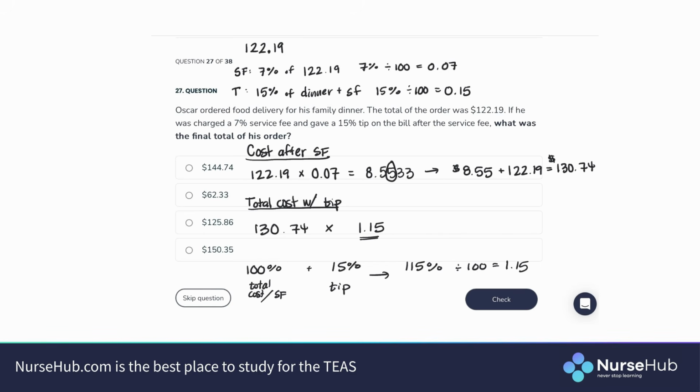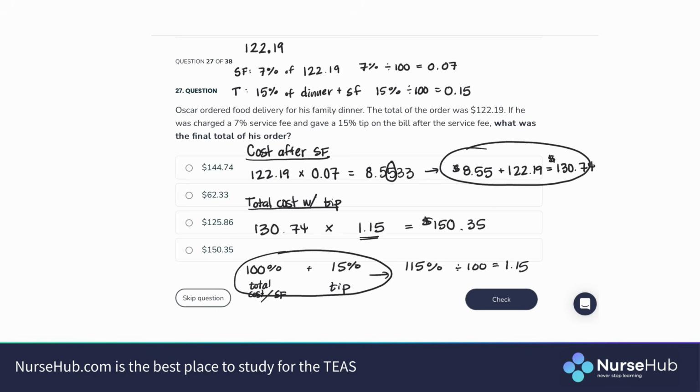So I'm going to take $130.75 times 1.15, and that's going to give me $150.35. Notice how we didn't have to add anything on here? That's because we took care of that by using our total cost and the additional amount. So, correct answer, right here.